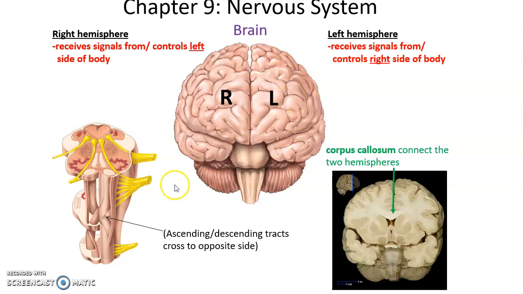So right side of the brain, left side of the body, left side of the brain, right side of the body. Pretty unexpected. It turns out that within the brainstem, as tracks carry information up to or from descending from the brain, they cross over. So there's actually an area in the brainstem where ascending and descending tracks cross over, switching sides.